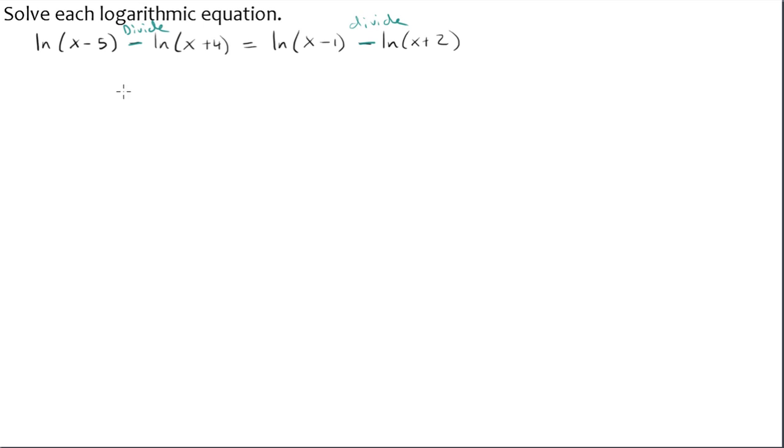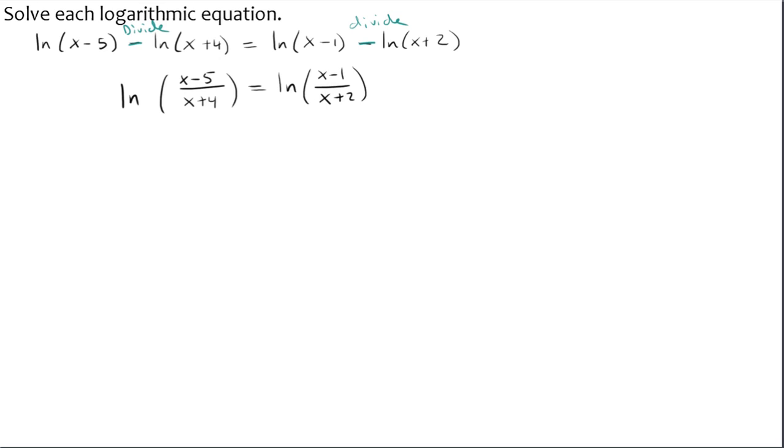And what we will have is the natural log of x minus 5, quantity divided by x plus 4, and that's equal to the natural log of x minus 1, quantity divided by x plus 2. Now, these are the same logarithm, so what's on the inside of this logarithm has to be on the inside of the logarithm on the right-hand side.